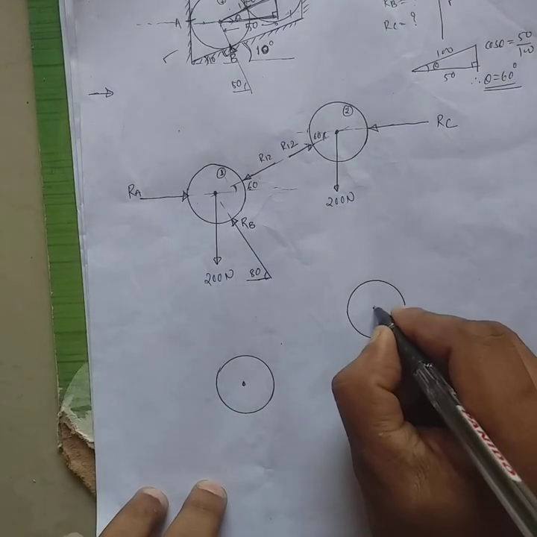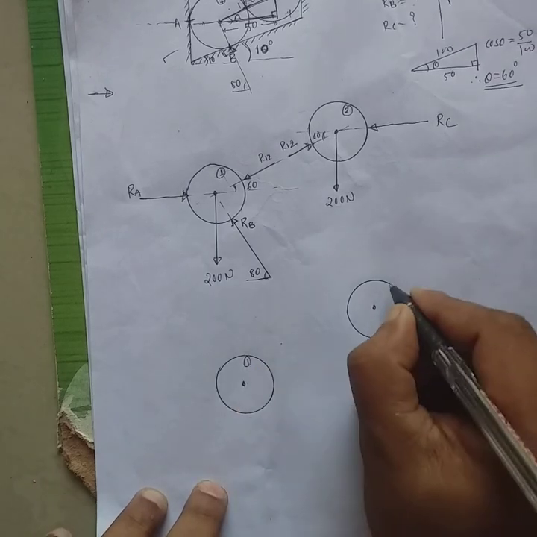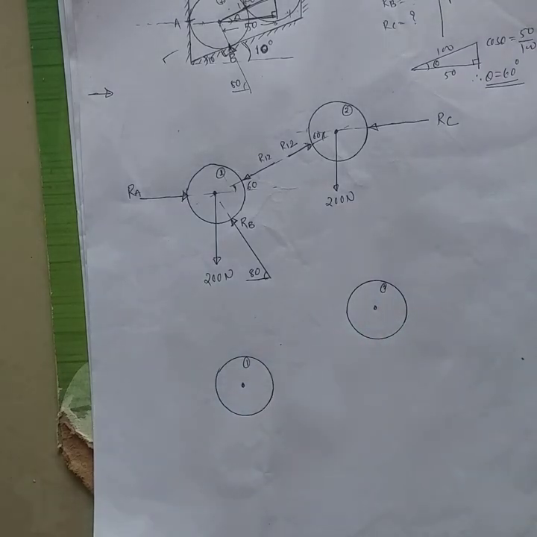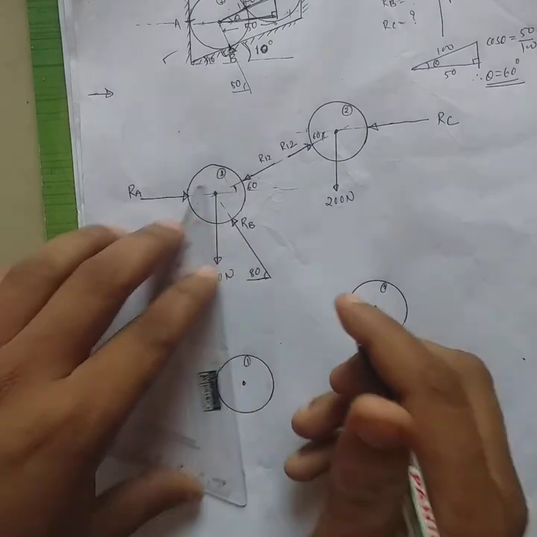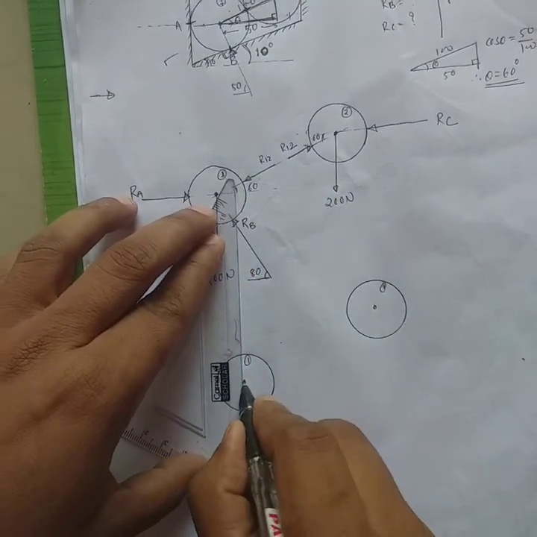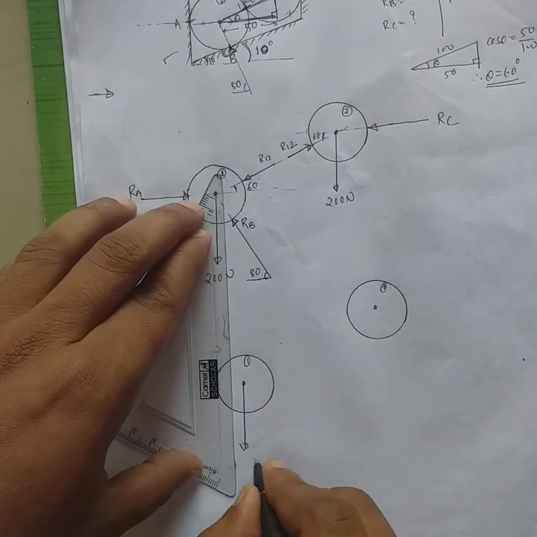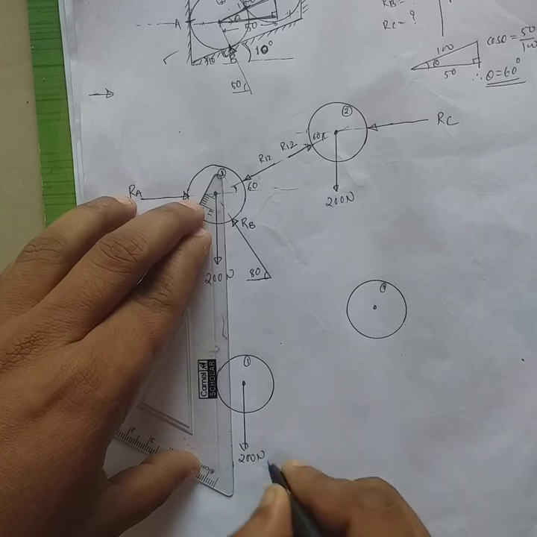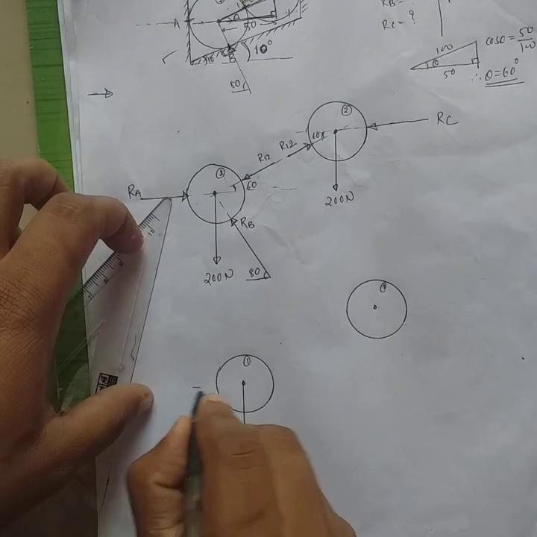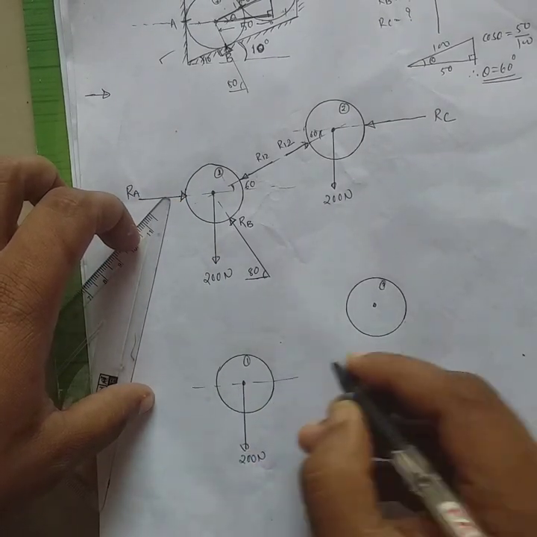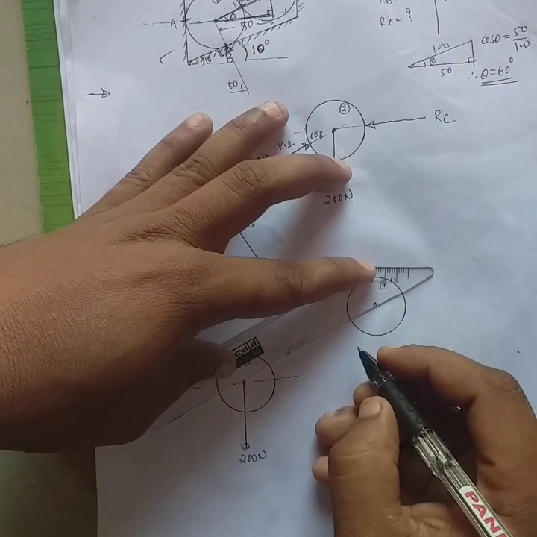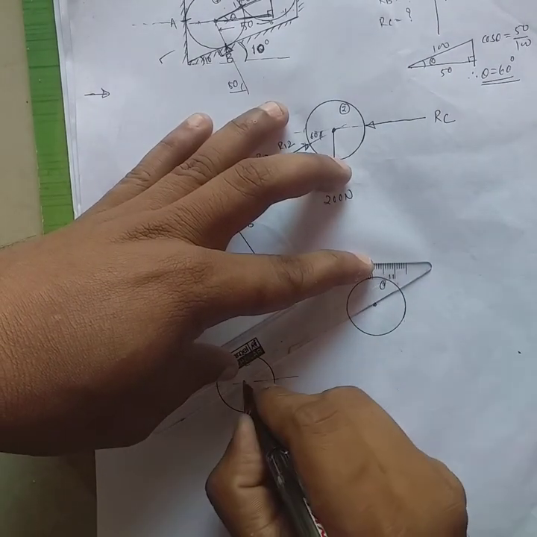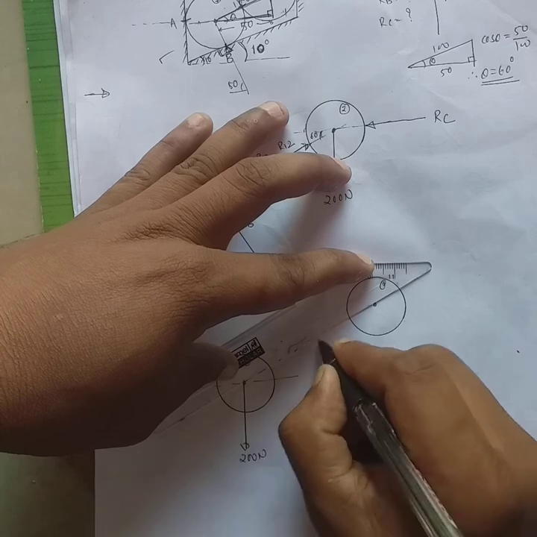These are the center points. This is cylinder 1, this is cylinder number 2. Okay, so cylinder number 1 has 200 Newton downward, so we have 200 Newton downward. Okay, we'll join this by a dotted line.